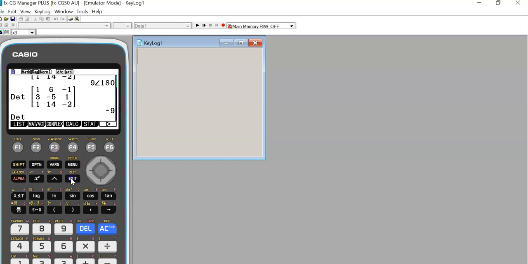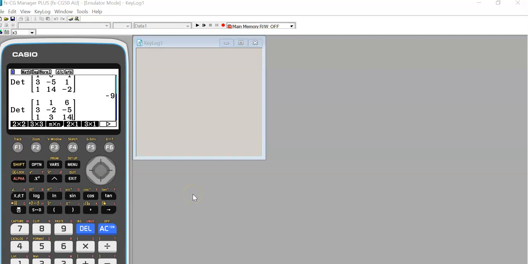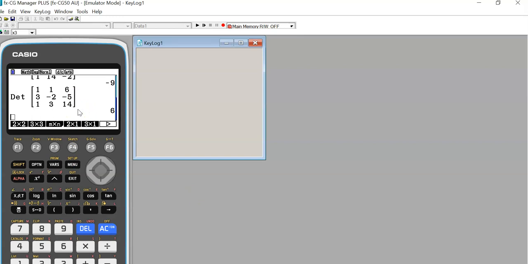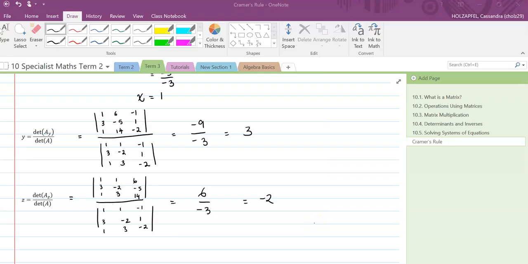Then we go into the math menu, into the matrix vector menu, and we want another 3x3 matrix. We fill in that matrix now, and we hit enter, or your execute button, and we get 6 as our result for that determinant. Let's jump back and put that in our formula. So now we have our solution for z. z is going to be equal to -2.